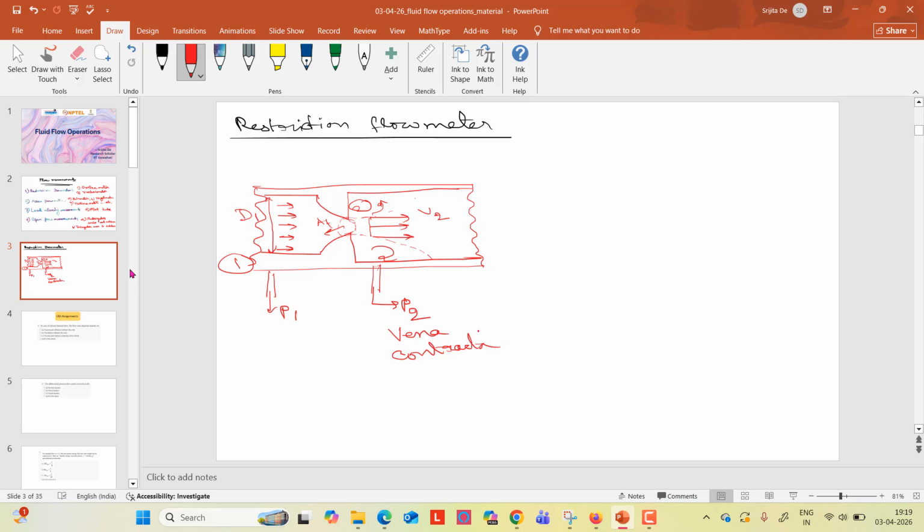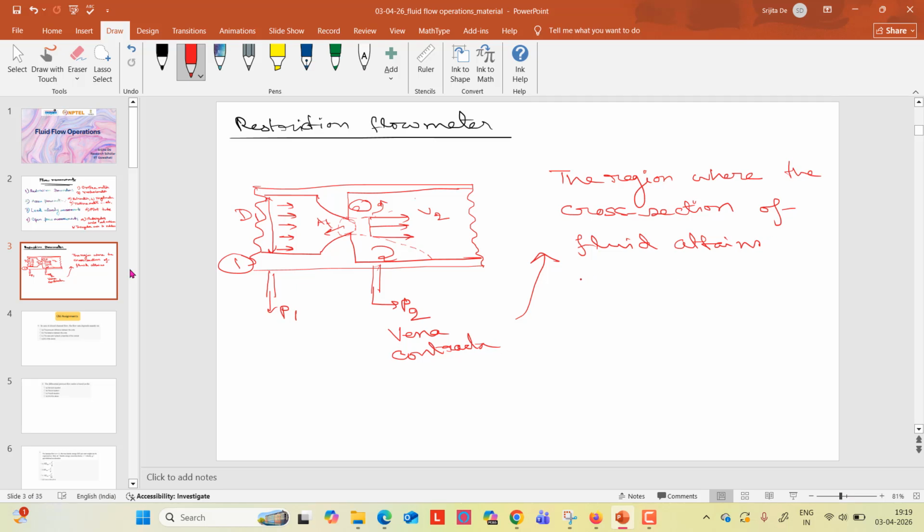So what is vena contracta? If you can remember the definition: the region where the cross section of the fluid flowing through the channel attains minimum area.